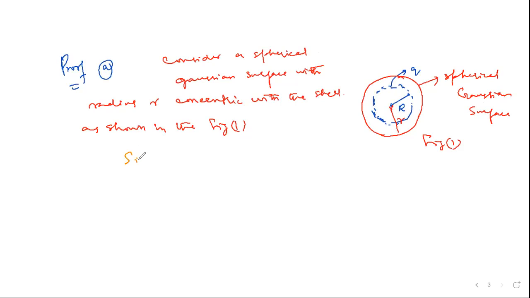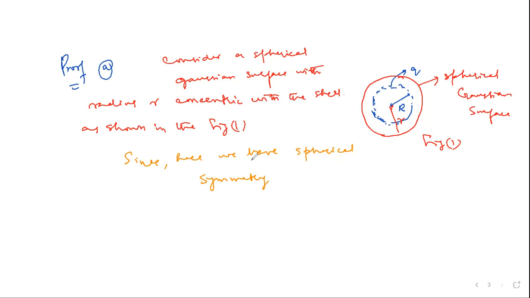Now since here we have spherical symmetry, that means if we are outside the shell at r distance from the center, at that distance in all directions the distribution looks the same.